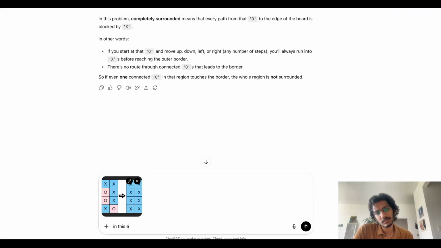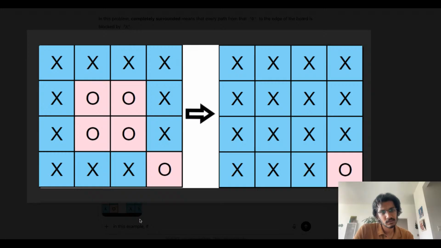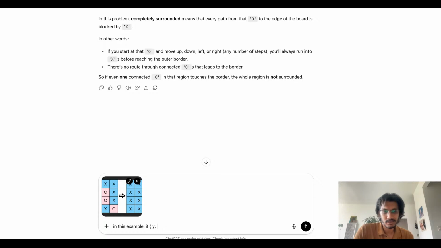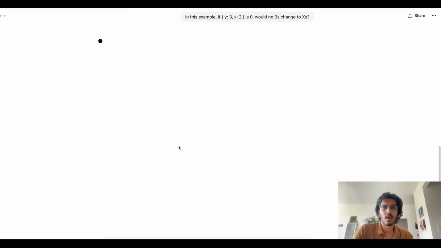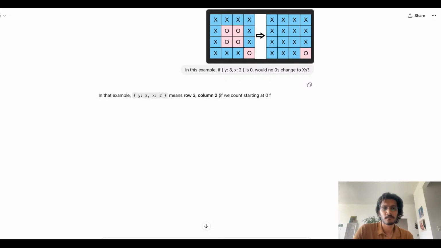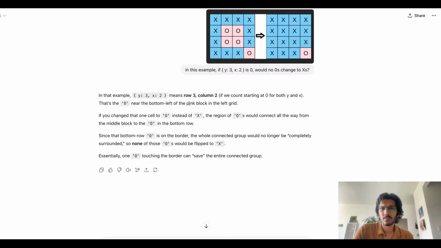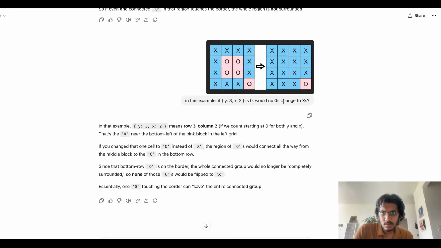In this example, if y 3, x 2 is 0, would there be no connected... so that's wrong, right?